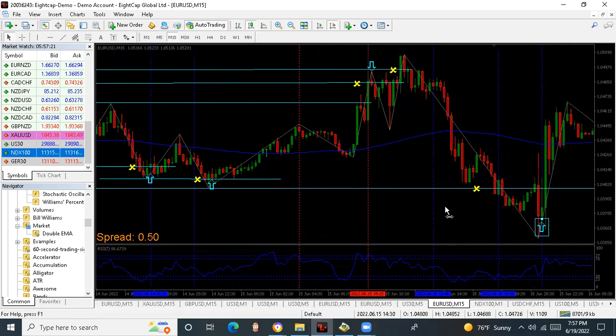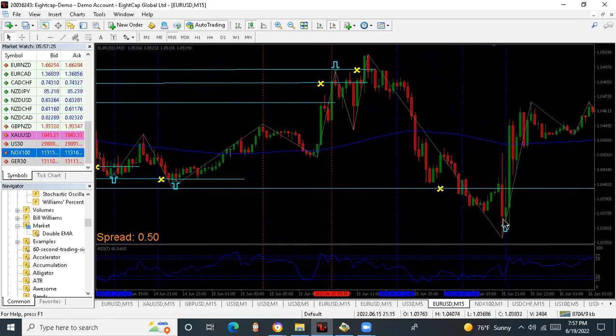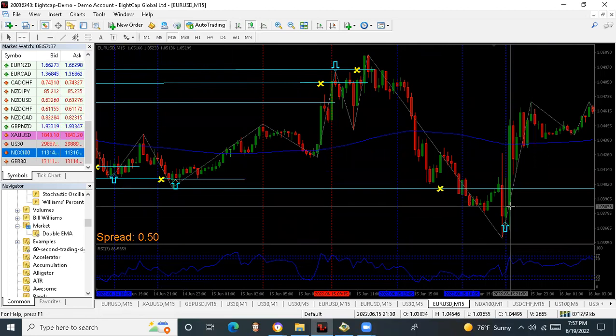Ooh, there we go. Conservative profit taking would be here at this structure. Boom, we're tagged in, we're tagged out. Okay, that move right there. Stop loss at the lows, about 20, 30 pips.